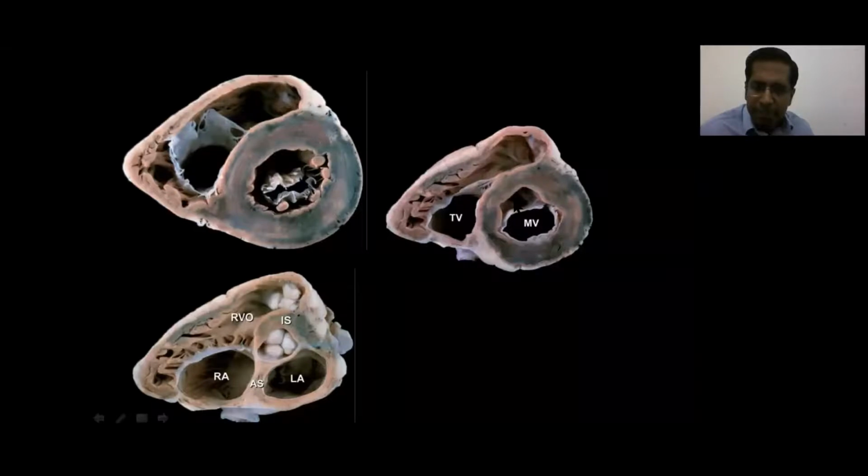That is the part of the LV, or the LVOT, that you see sometimes in the short axis view, which you need to be aware of. And then, of course, you reach all the way up to the aortic valve, and the pulmonary artery would be somewhere here. Pulmonary valve is there. So that is going from below upwards.